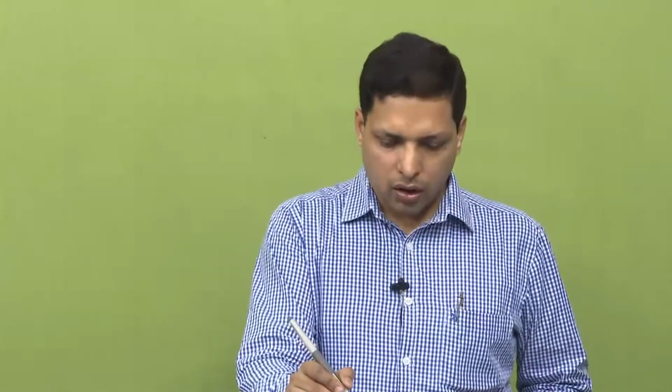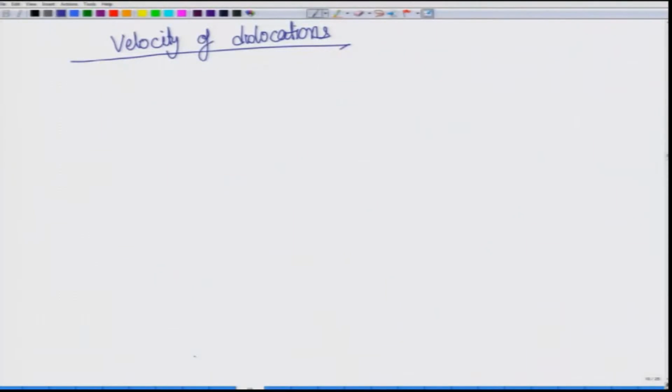So, the velocity of the dislocation will, of course, depend on the applied shear stress. This is the first and foremost, but this is not the only one, meaning that not all materials will experience the same velocity for the same amount of stress. So, what are the other factors? Purity of crystal.